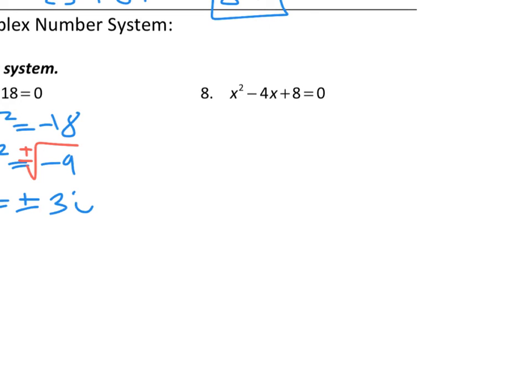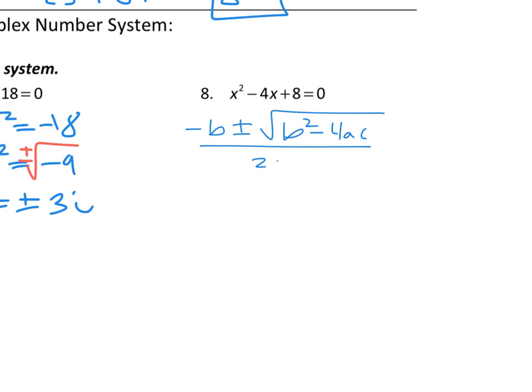And in the last one, we might try to factor this, and we find that we can't. So we go to the quadratic formula, which is the opposite of b plus or minus the square root of b squared minus 4ac over 2a.